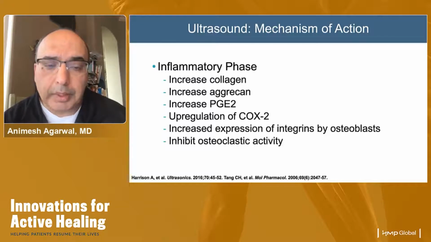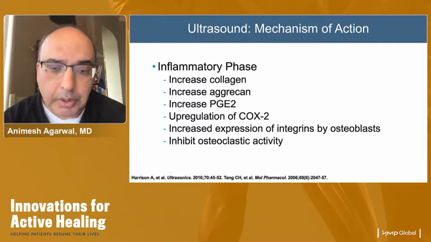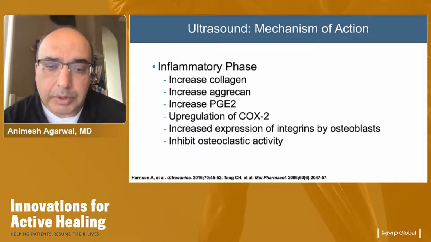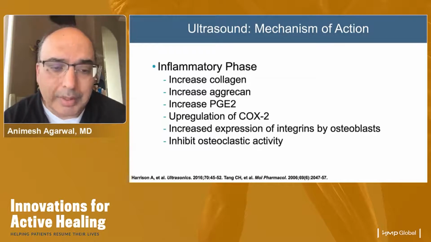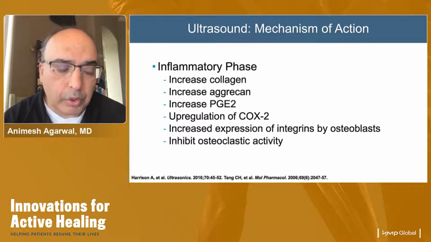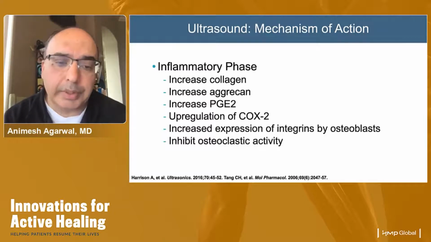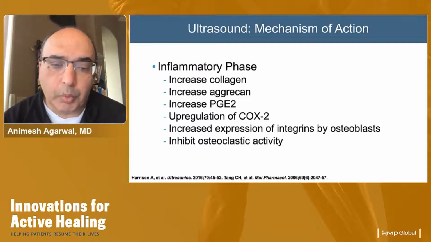And remember that initial nanomotion that occurs is detected by integrins, which is formed by osteoblasts. This also can inhibit osteoclastic activity, which is crucial early on, whereas increasing osteoclastic activity later on becomes more important in the other phases of fracture healing that we discussed.